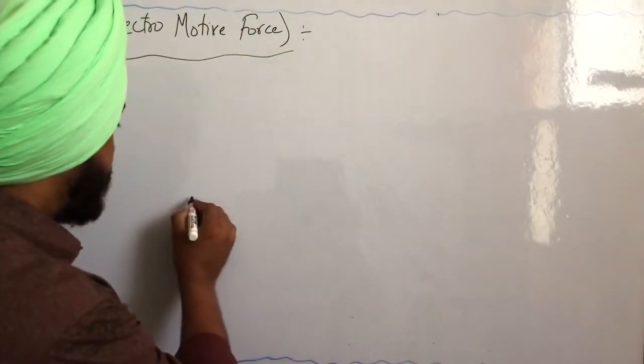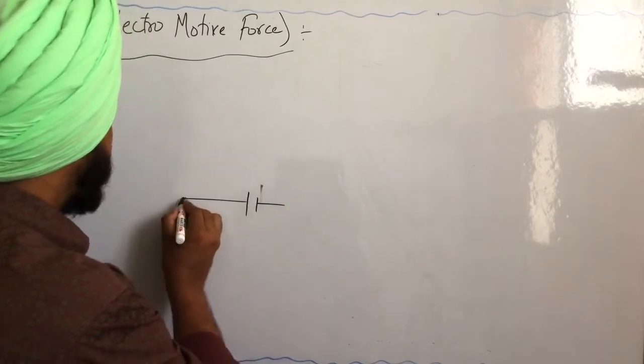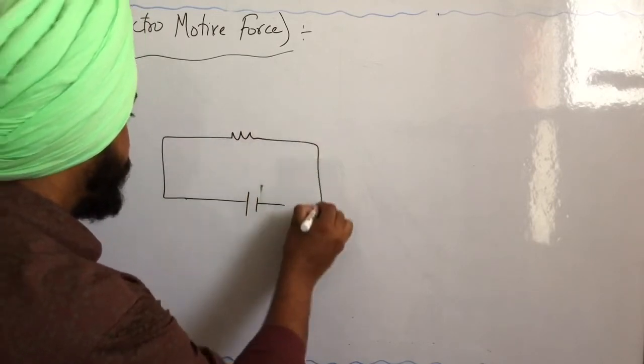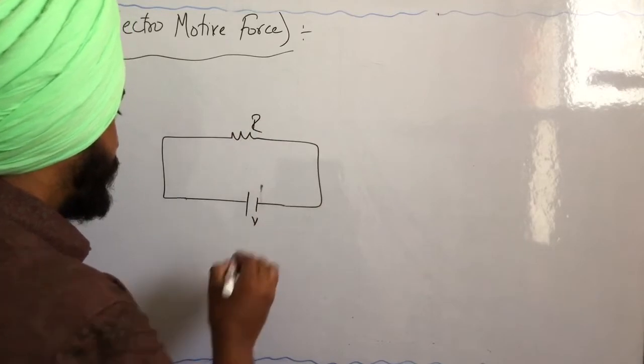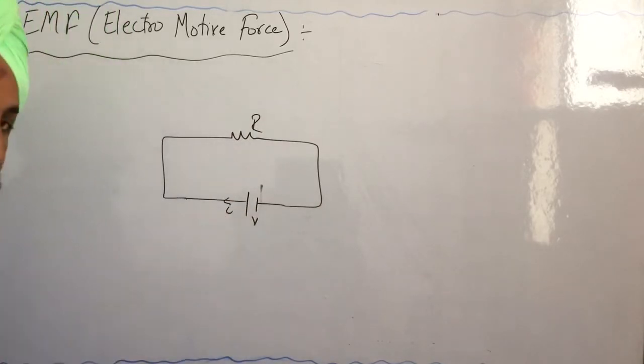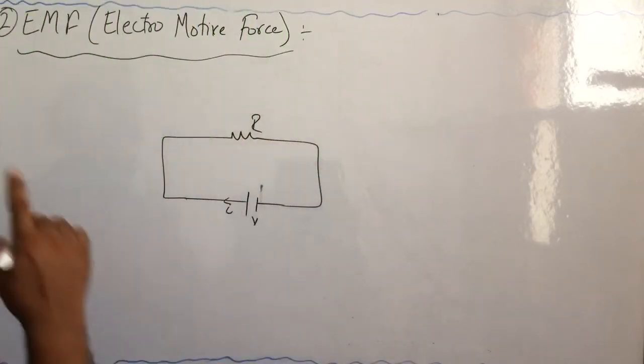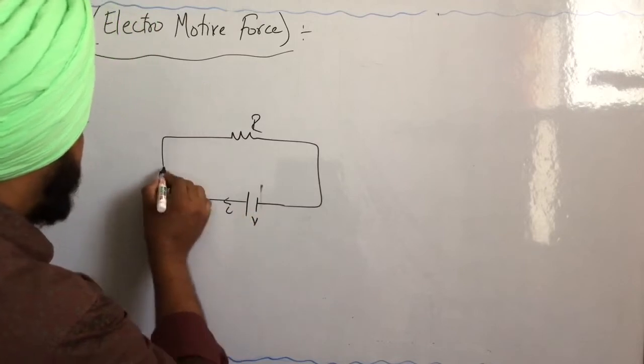Now let us have a battery connected with a resistor, and we know the current will flow from the positive terminal to the negative terminal. So what is the flow? The flow of positive charge. Fine. So we can say the positive charge will flow in this direction.